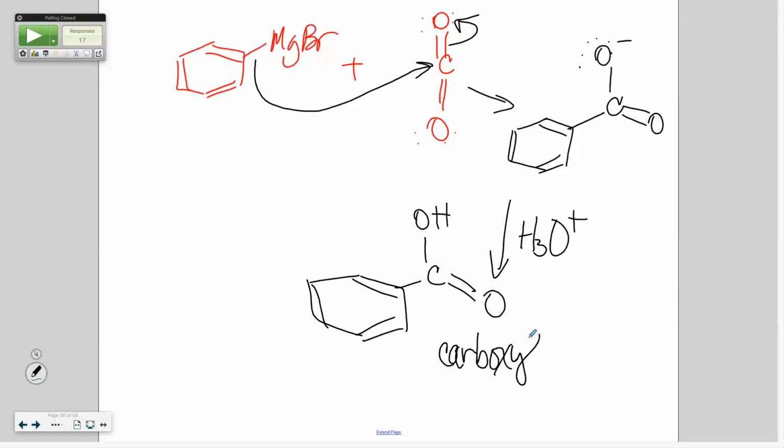We made an acid. When you add the acid, you actually have to check the pH and make sure you get all the way to 2 to make sure you got it all perfect. And then you would collect that in your ether layer.